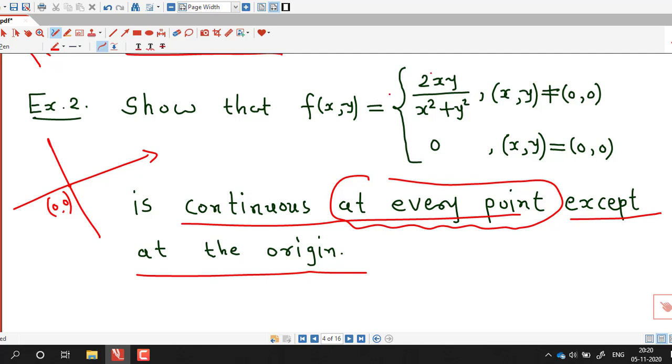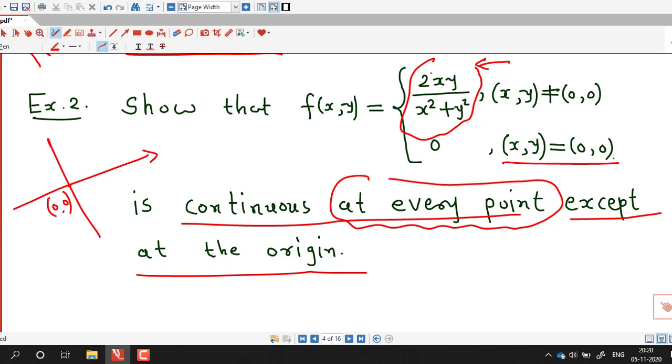If we consider 2xy over x square plus y square, then it is a rational function. That means it is a division of two polynomials. And if we observe, then this is undefined at the origin only.